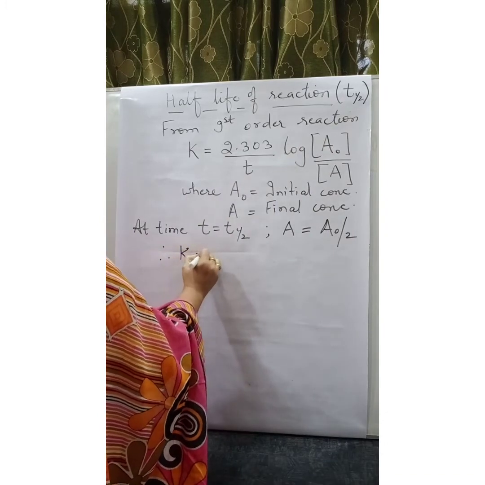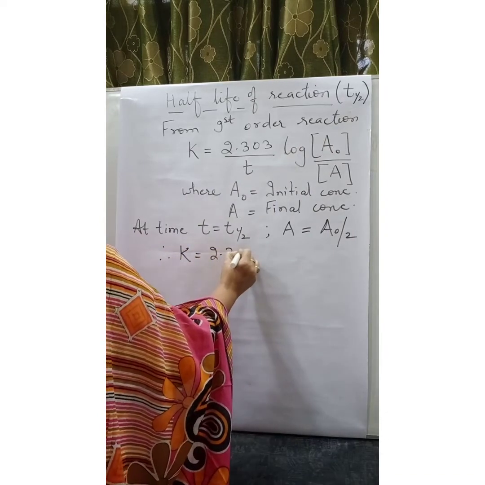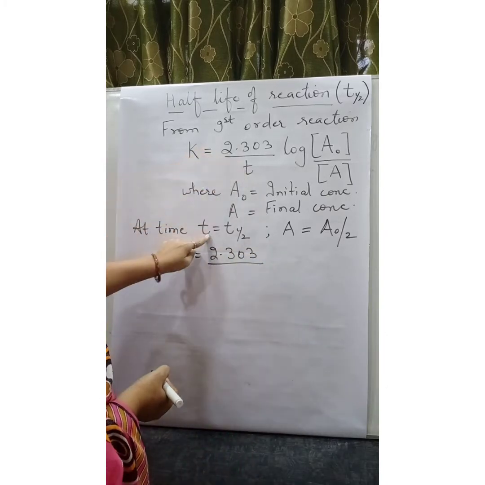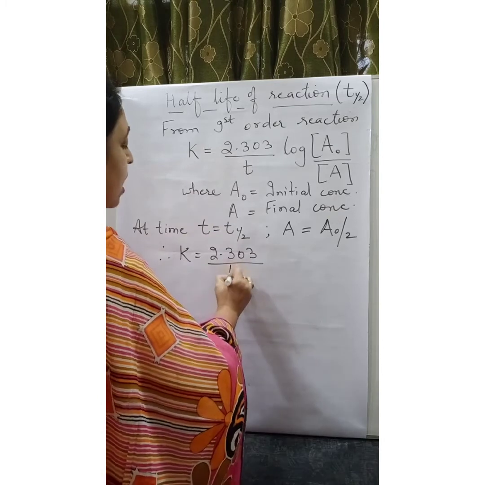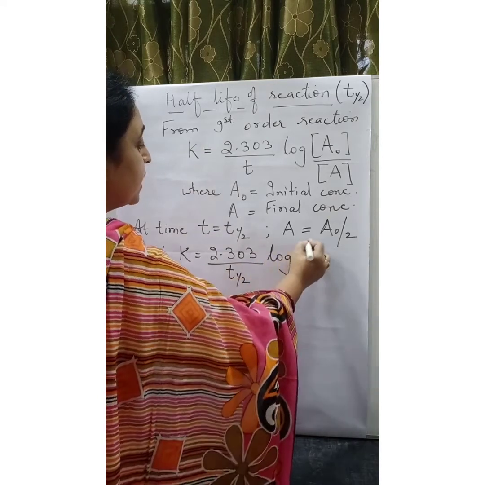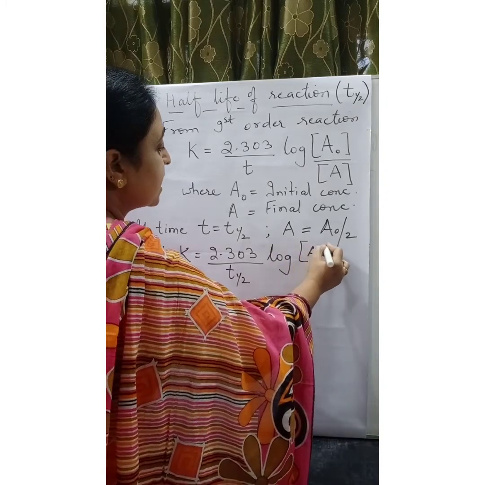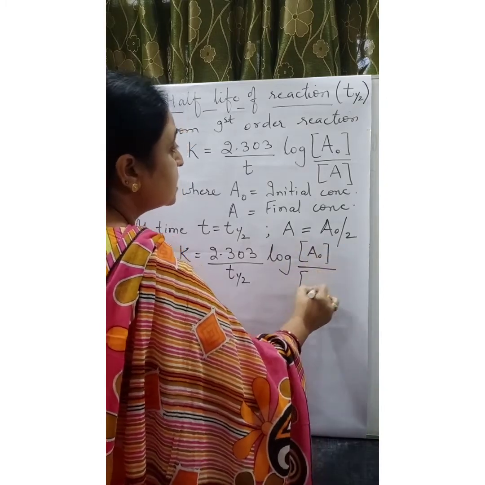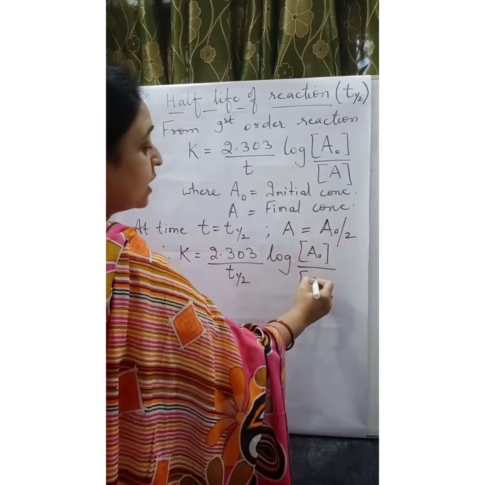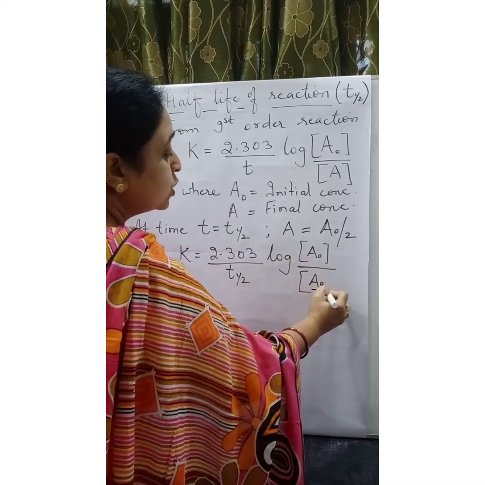Therefore, K is equal to 2.303 upon, now this time T we will substitute by tau half, log of initial concentration A0, and instead of final concentration A, we will write A0 upon 2.